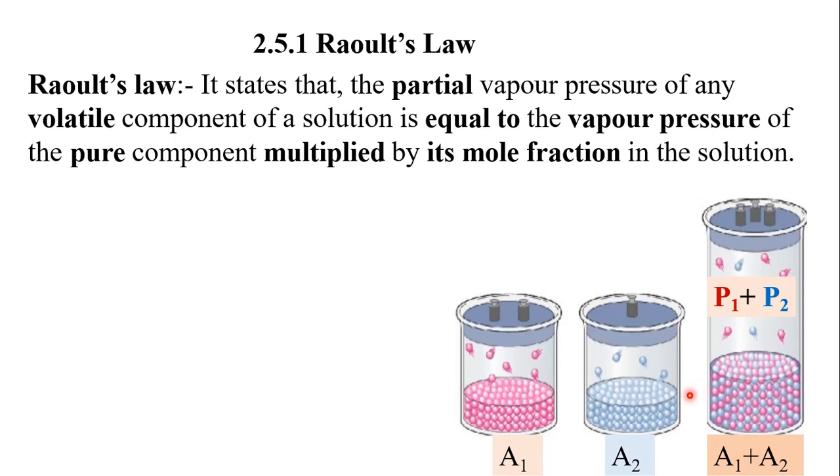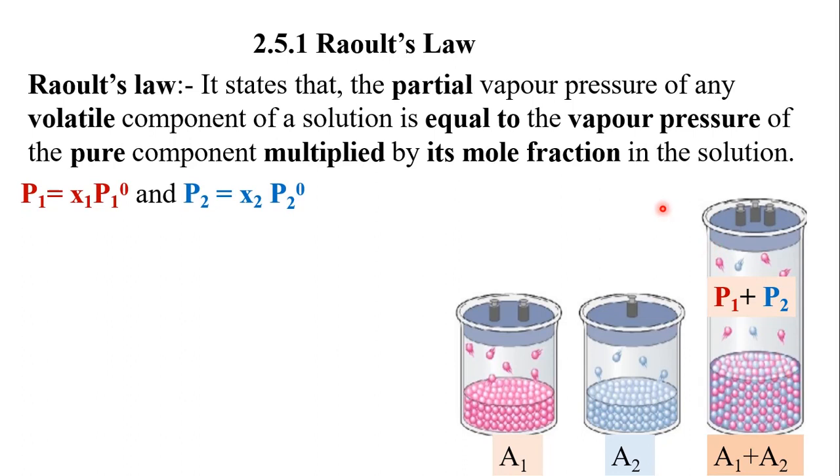As both are volatile components, the vapors above this liquid contain vapor state molecules of both components. The pressure exerted by the vapors of both components on the solution is nothing but the vapor pressure of the solution.